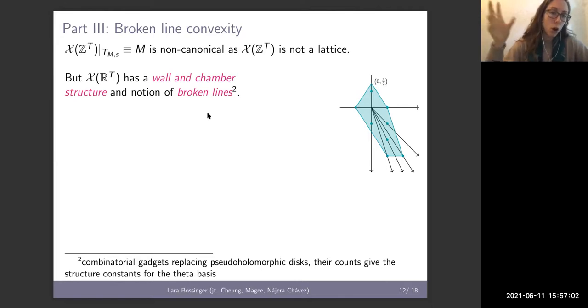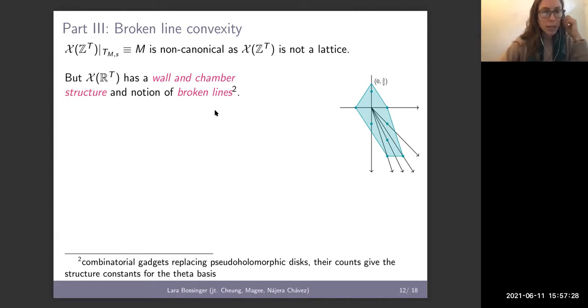So the cones, my simplistic cones that I collected from these positive orthants, but the structure here is a bit more complicated. We have additionally dense regions of walls. So essentially, this wall and chamber structure consists of the simplicial fan that I told you a bit about how to get, and then the rest is filled up with dense walls.